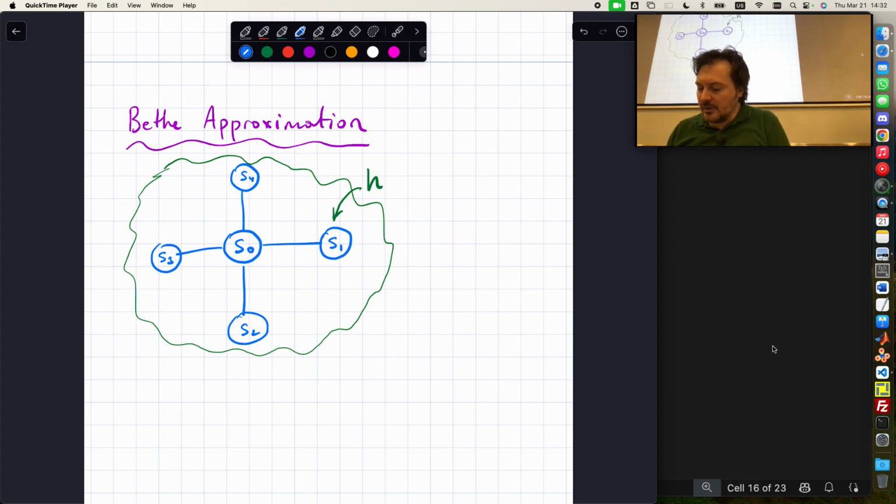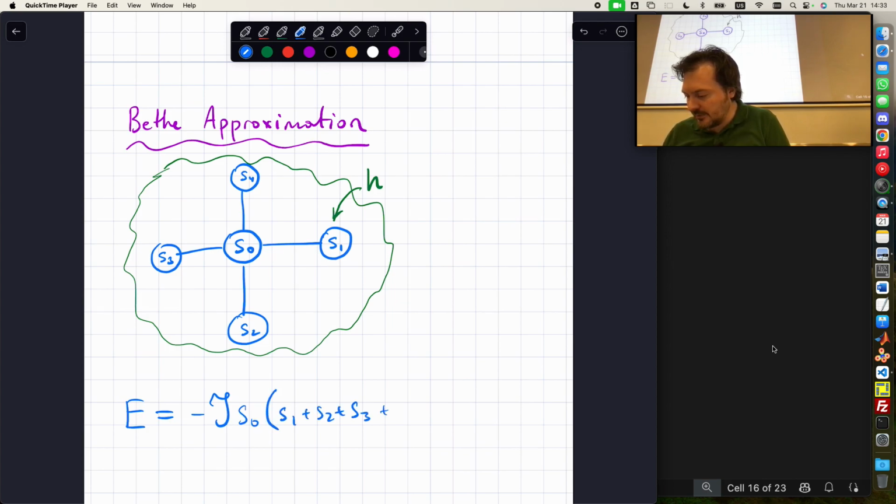And if you are going to write the energy of this system, then it is basically minus J times S0, S1 plus S2 plus S3 plus S4, and minus H times S1 plus S2 plus S3 plus S4.